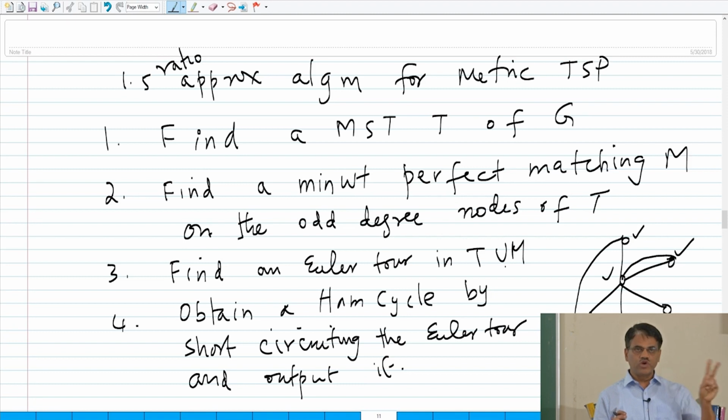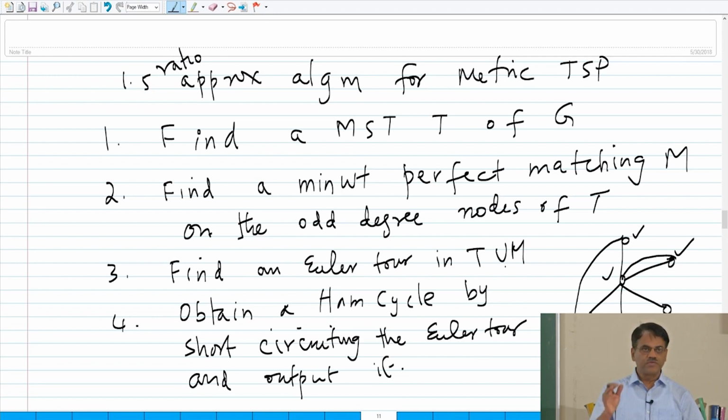We saw two ratio 2 approximation algorithms for vertex cover, one using matching, one using linear programming. The linear programming one gives you a 2 approximation also for the weighted version of the vertex cover. And then we saw that for the TSP problem, if the distances are completely arbitrary, then no polynomial ratio approximation algorithm is possible, but if the distances satisfy the triangle inequality, then you can get a 2 approximation or 1.5 approximation, and the tools of these algorithms are pretty much what you have seen, most of them in your last week lectures, right.